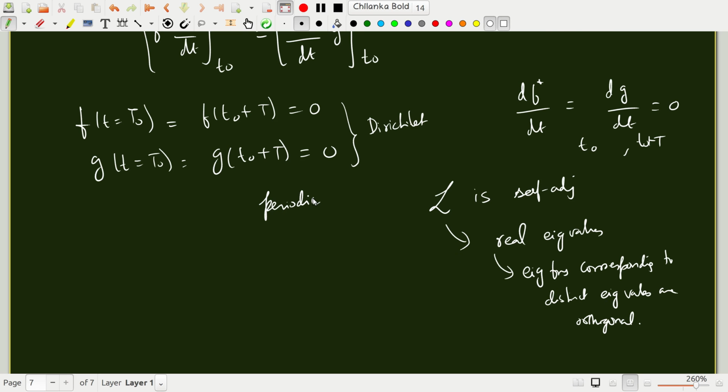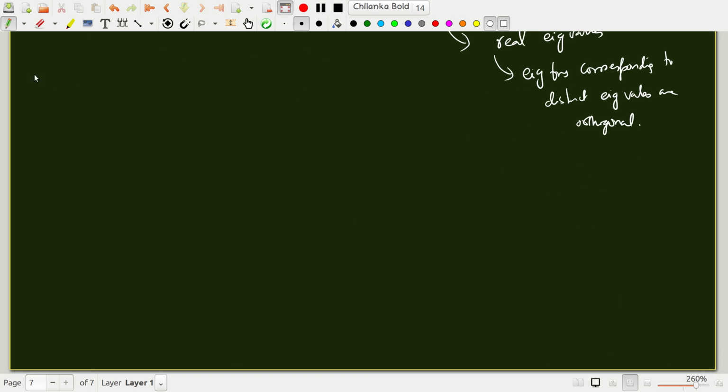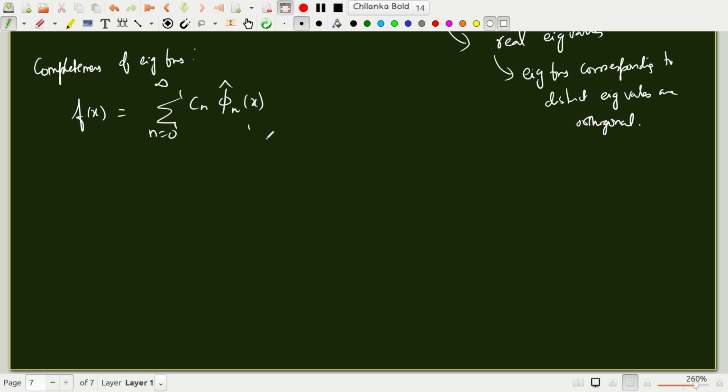Okay, and there is one last thing about eigenfunctions: completeness of eigenfunctions. If the eigenfunctions are complete, then any function can be expanded in terms of the eigenfunctions. Let's say these are eigenfunctions of L, the Hermitian or self-adjoint operator. Now how do you find Cn? Cn is found by taking the inner product of phi n with f.